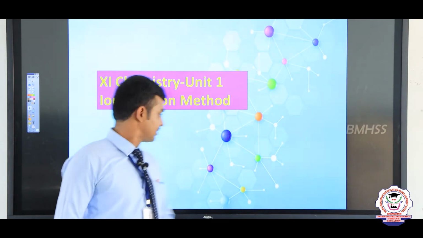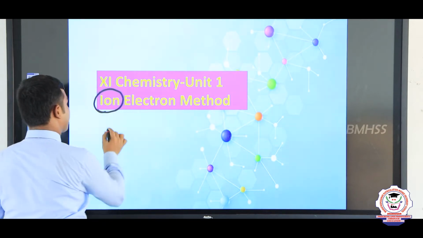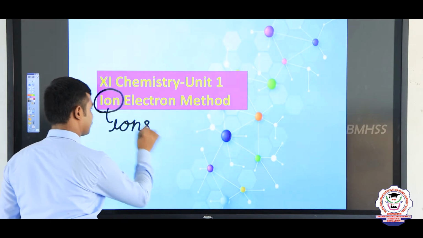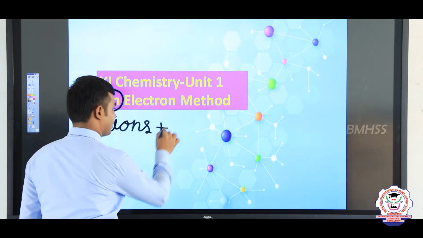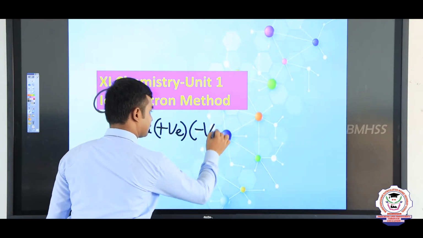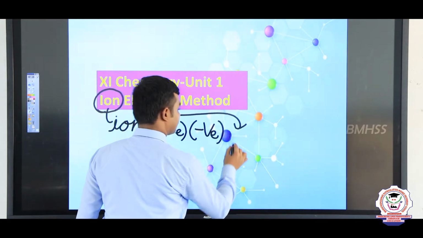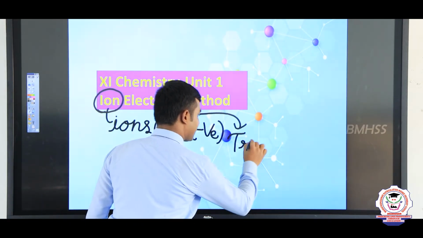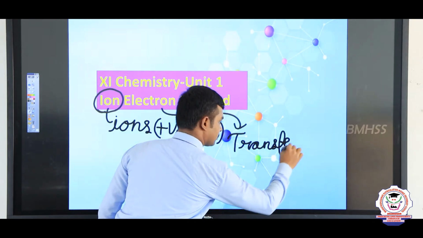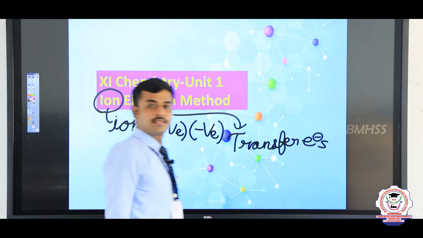In the ion electron method, the word ion represents the ions present in the reactants, which may be positive or negative, and the word electron represents the number of electrons transferred.